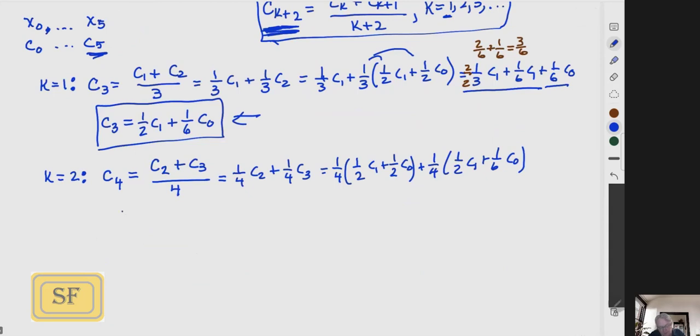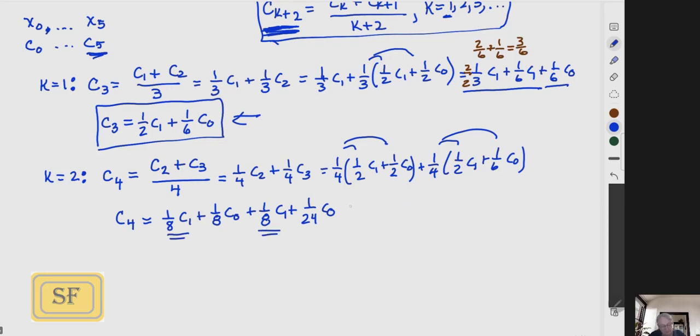So I'll bring that down to the next line. That gives me C4 equals, when I distribute by 1/4, I get 1/8 C1 plus 1/8 C0. Distribute by 1/4, I get 1/8 C1 plus 1 over 24 C0. And then combining my C1s, I'll get 2/8 C1, which is 1/4.